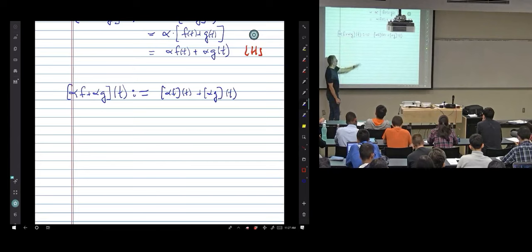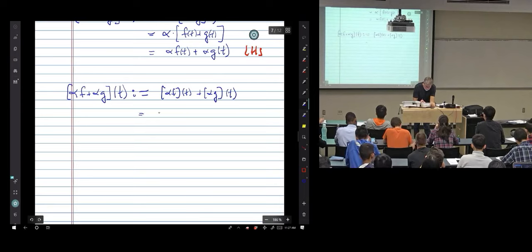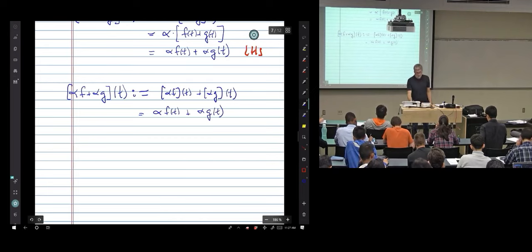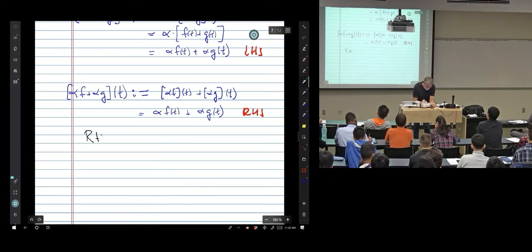Function plus function. What is this function at t? And that's the right-hand side. Right-hand side equals left-hand side.